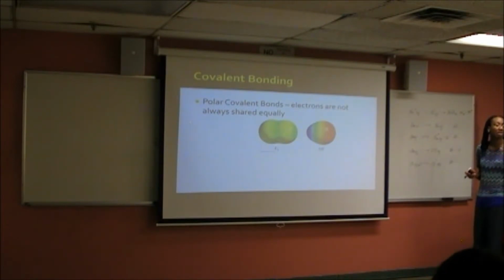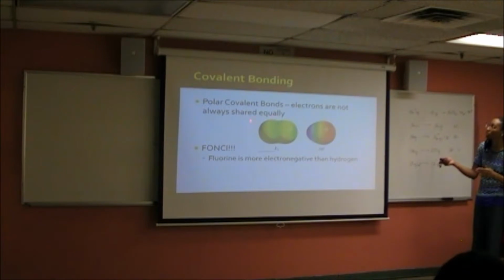Polar covalent bonds are simply your unequal sharing of your electron density. This has to do with your electronegativity. Okay? Your fluorine is your most electronegative. You see how the electron density here for fluorine gas is basically even? But it is not so even with hydrofluoric acid.